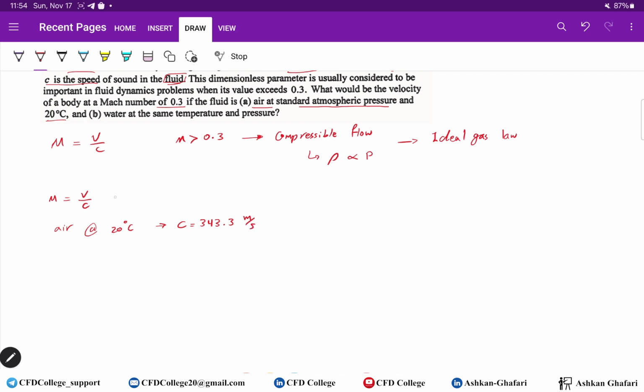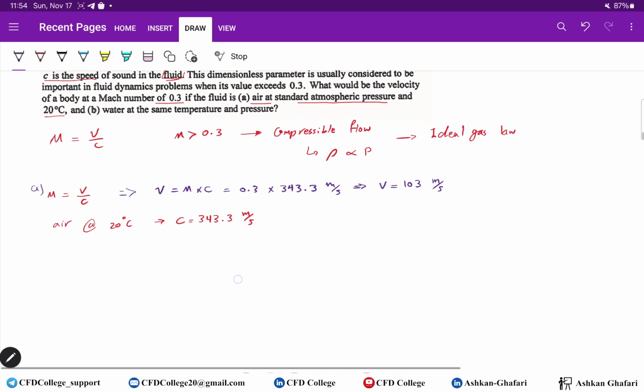So velocity equals Mach number times c. Mach number is 0.3, speed of sound is 343.3 meters per second, so the velocity equals 103 meters per second for part A.